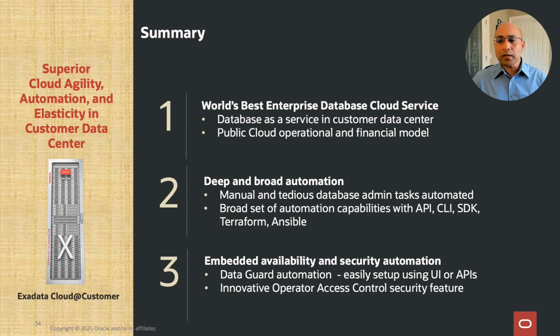So in a nutshell, with all this automation in place, database administrators evolving into a data engineering role can spend more time on using the data, on building new data models to further innovate on their business.